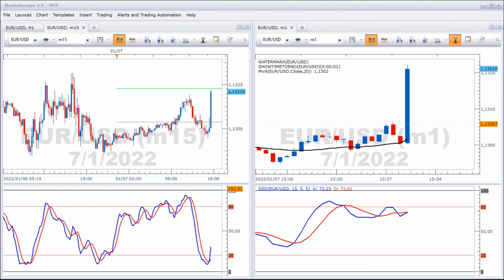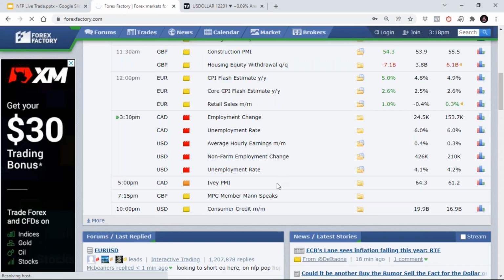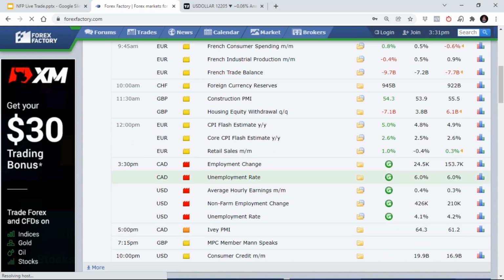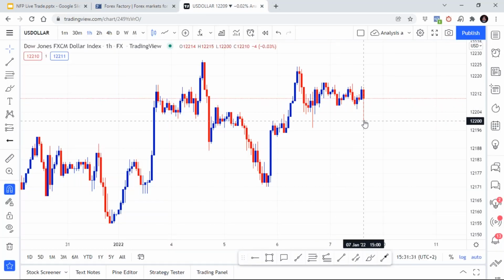That's going to make the trade a little tougher for us. Let's go here and see if we can just get the actual numbers in front of us. Just take a look here. All right, so the dollar shot down, and that's been faded.